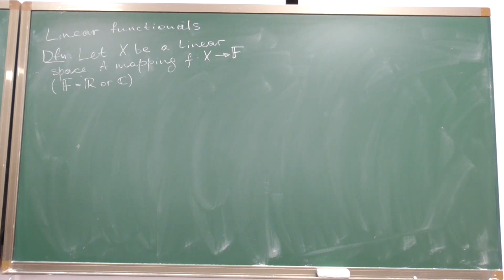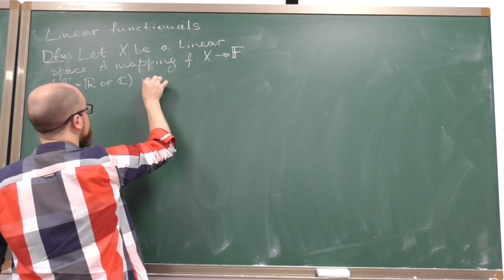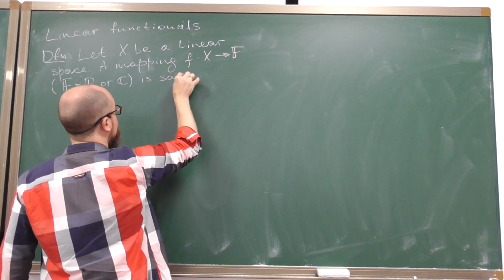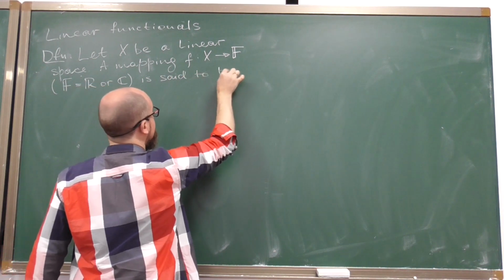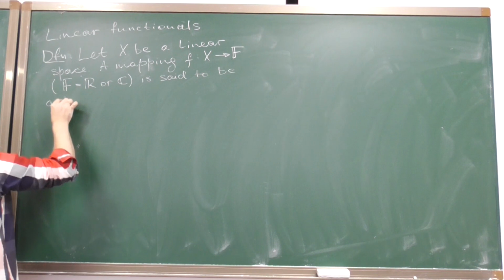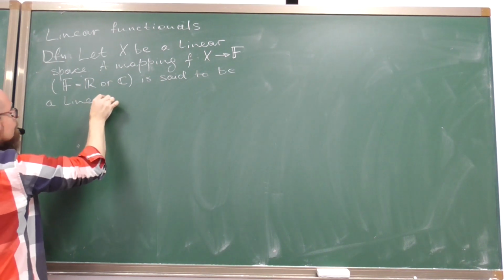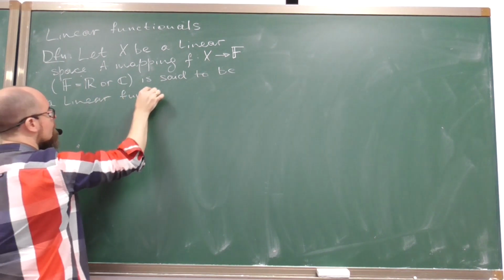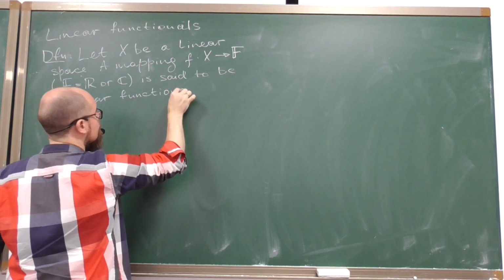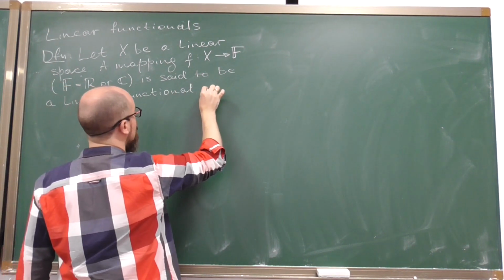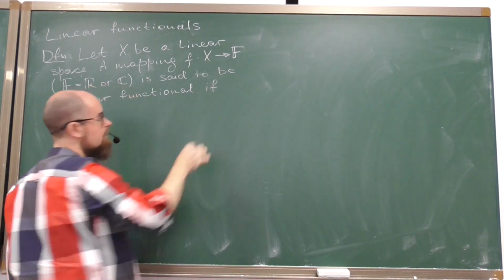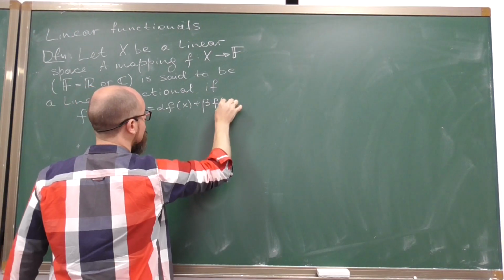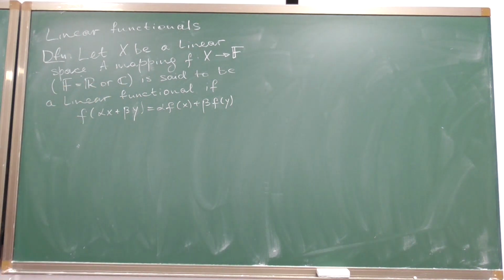So this mapping is called a linear functional if it is linear, if it is linear for any scalars alpha and beta and for any elements of X, x and y.